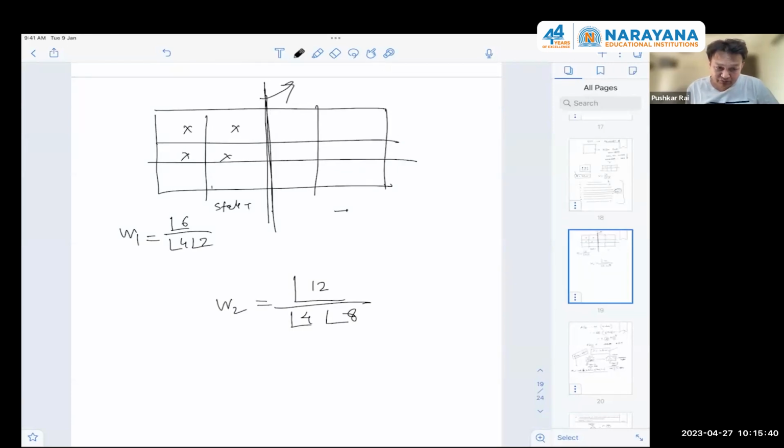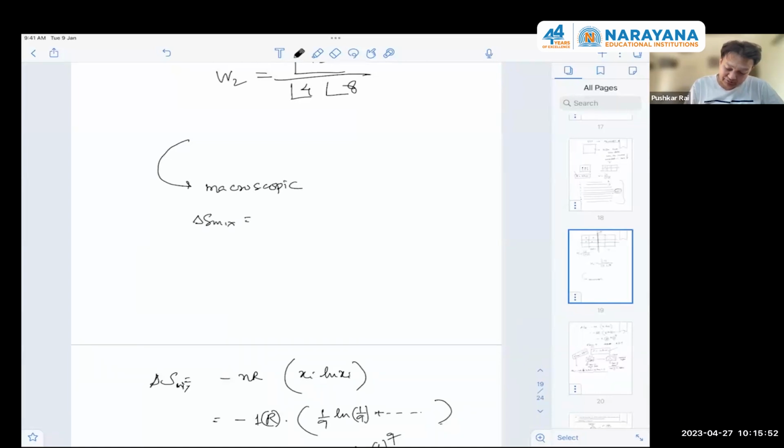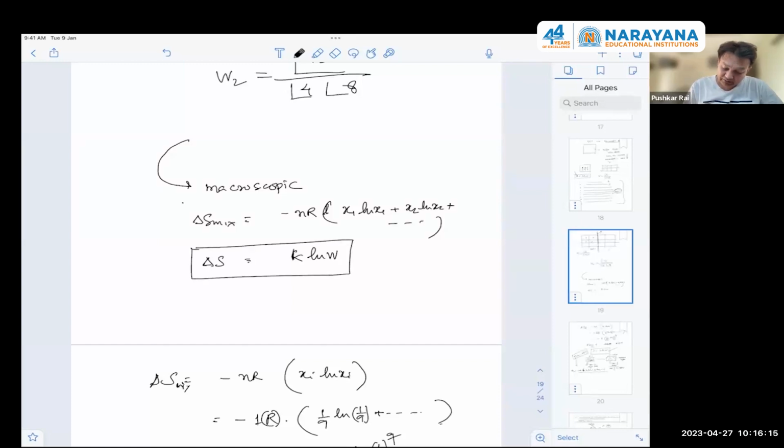Now you understand what W is? Yes, sir. So we have solved this question two ways. One was the macroscopic way. In the macroscopic way, we find delta S mix using the formula minus nR (x1 ln x1 + x2 ln x2 + ...). Another way, we find delta S simply by k ln W. Both have given you the same result.